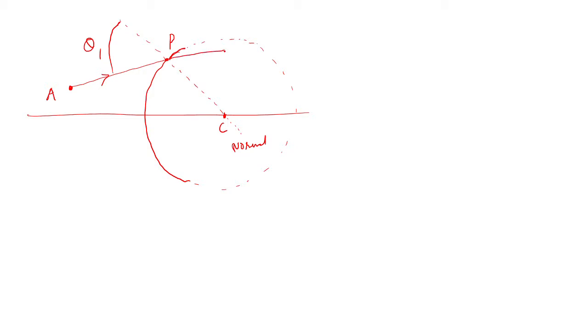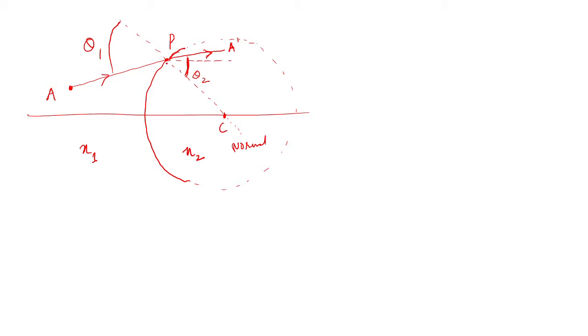Let's say the ray is going to get refracted, and let's call the refracted angle theta 2, and it is going to get refracted to a point, let's call it A prime here. So the incident angle is theta 1, the refracted angle is theta 2, and the refractive index on this side is n1, and inside the spherical surface is n2.